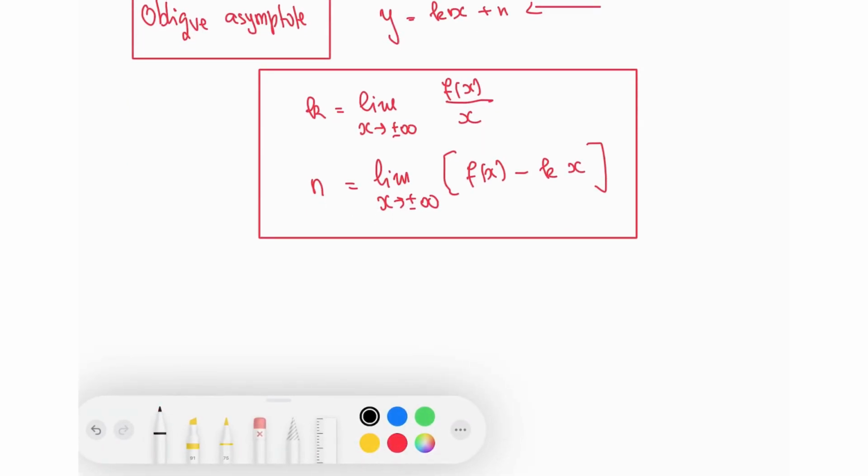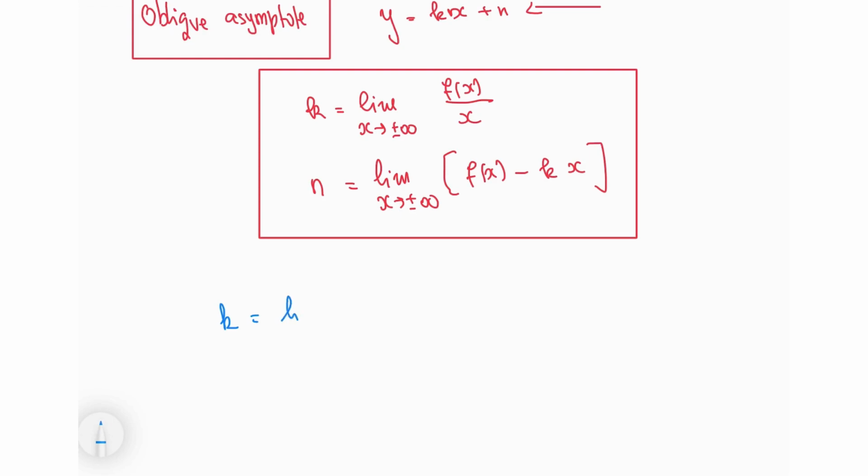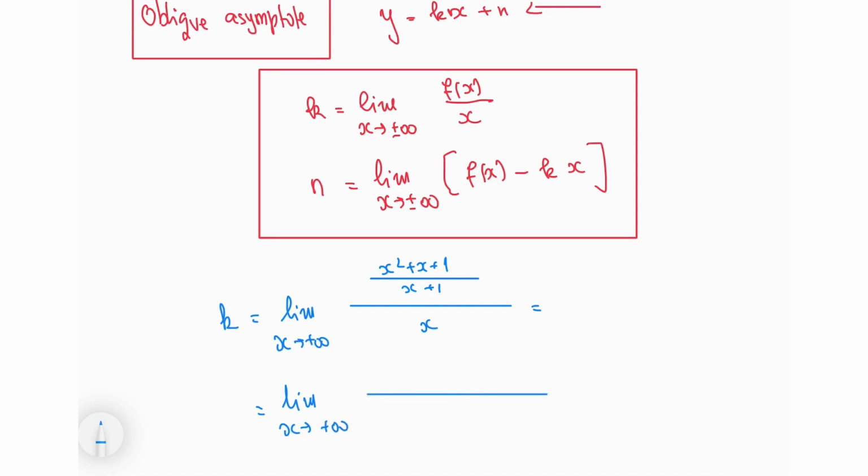So let us start with k. k equals the limit, we will do plus infinity, and then we will conclude about negative infinity, of f of x over x. We will just write the simplified version of f of x, that is x squared plus x plus 1 over x plus 1, over x, which is the limit when x approaches infinity of x squared plus x plus 1 over x times x plus 1.